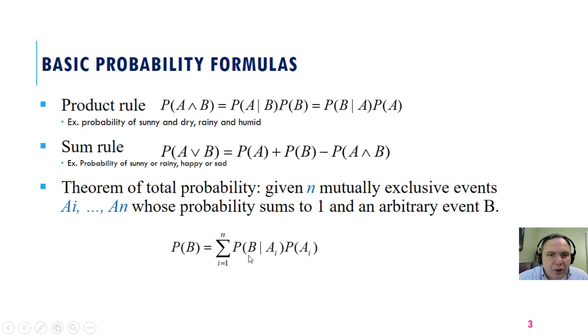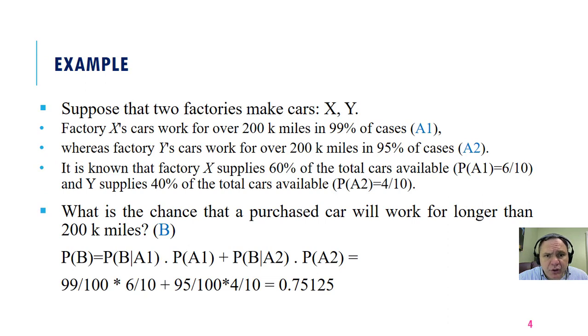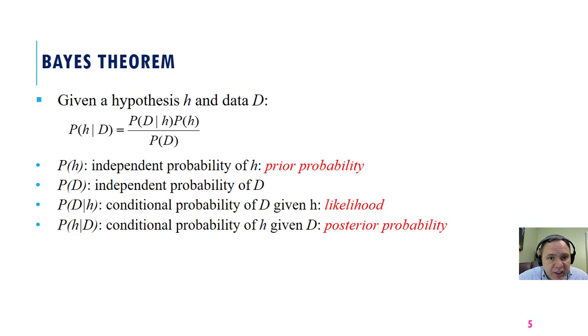So what is the probability of a car going beyond 200k given that it's made by X, times the probability that the car is made by X, plus the probability that the car goes beyond 200k given that it's made by Y, times the probability of the car being made by Y. So here, in 99% of the cases, the cars made by X go beyond 200k, times 60% of the cars are made by X, plus 95% of the cases, the cars made by Y go beyond 200k, times 40% of the cars in the market are made by Y.